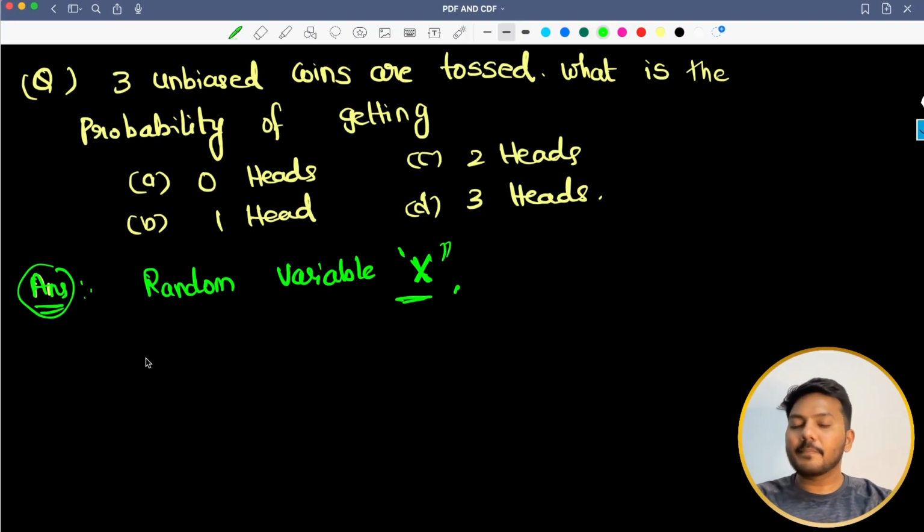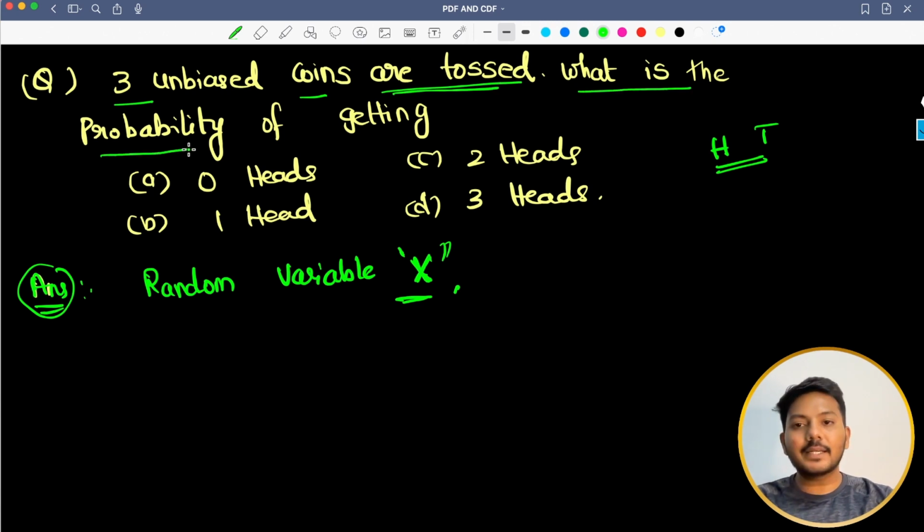So let's say I have a task in which I have three unbiased coins. A coin can have either head or tail, and then all of these coins are tossed. Now the task is, what is the probability of getting 0 heads, 2 heads, 1 head, and 3 heads? So let's tackle this problem using intuition first, and then let's calculate all the outputs.